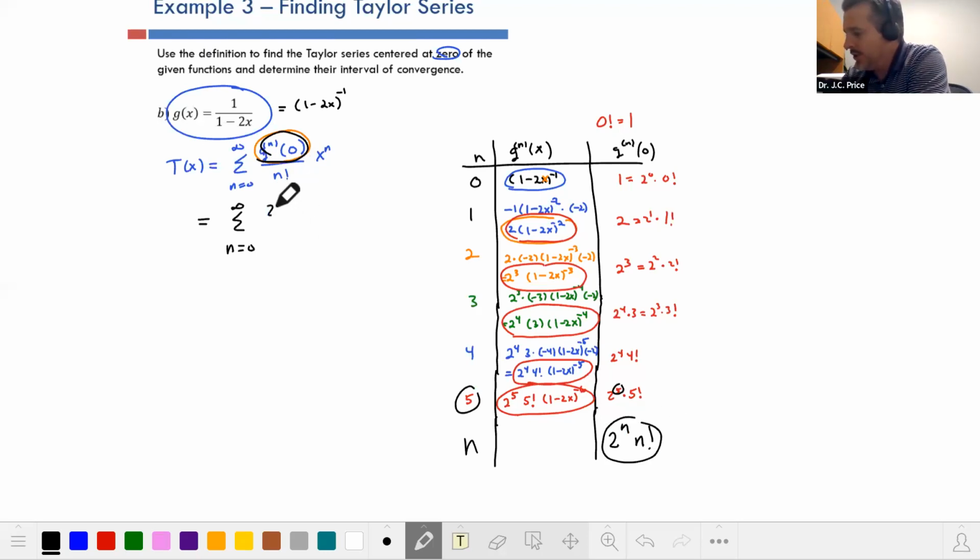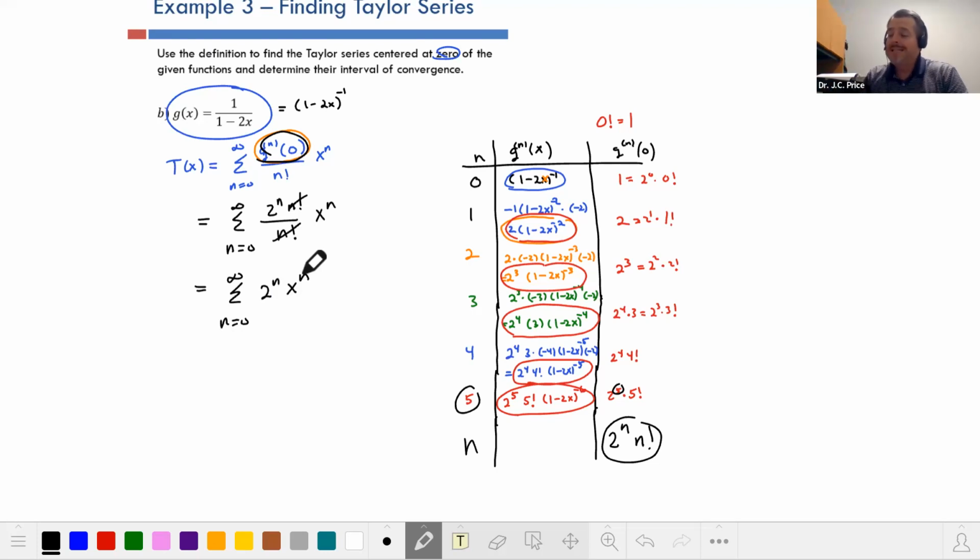And so I have 2 to the n factorial divided by n factorial, x to the n, and the n factorials are going to cancel here. So I just get the sum n equals 0 to infinity of 2 to the n times x to the n. That's it. All right, so there's the Taylor series representation.